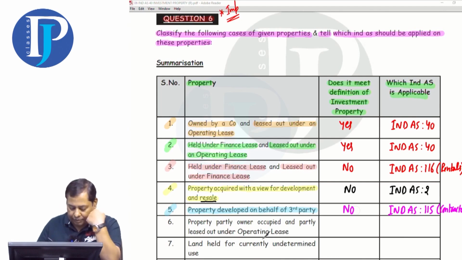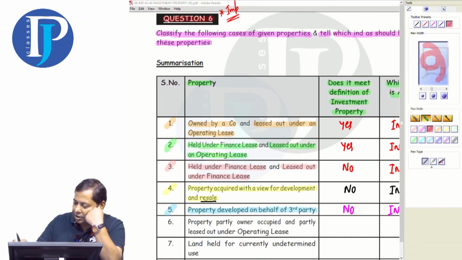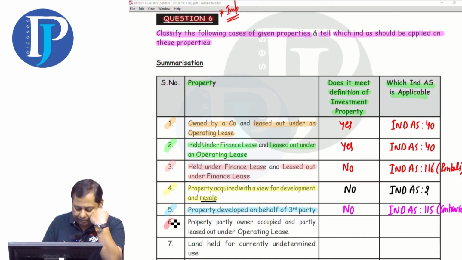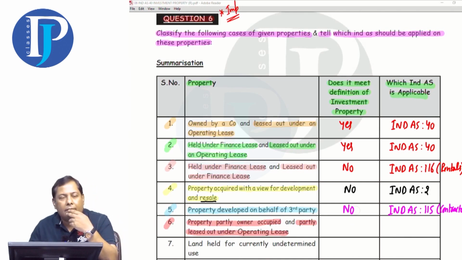Okay? I have come to the 6th point. Look, I have reached the 6th point. Property, partly owner occupied and partly leased out under an operating lease. This is a mixed property.